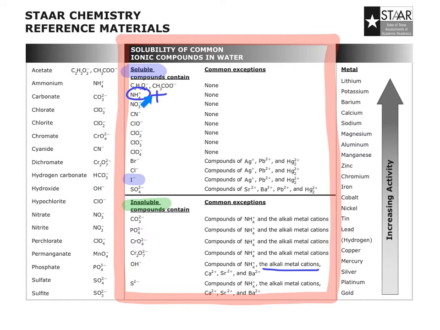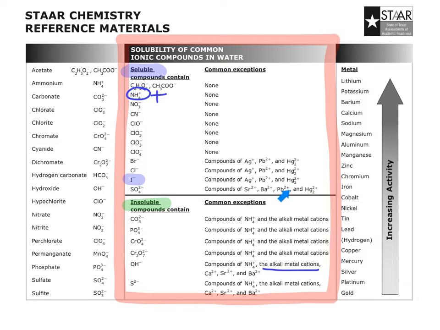Here's ammonium. It's positive. It's soluble. It has no exception, so ammonium compounds will always be soluble. I'm going to find nitrate. Here's nitrate. Nitrate is soluble, which means it will dissolve in water. Does it have any exceptions? No. When I come back over here, I'm going to find sulfate. Here it is. Sulfate is soluble unless it is bonded with strontium, barium, lead, or mercury.